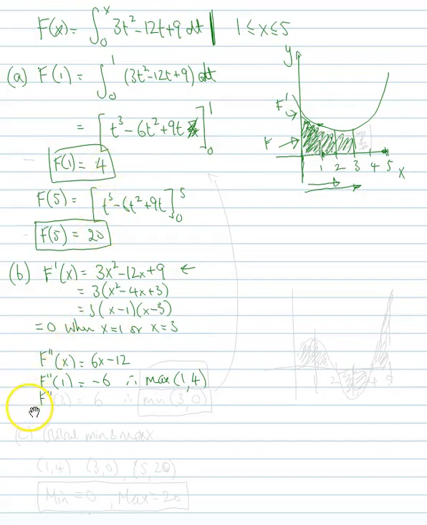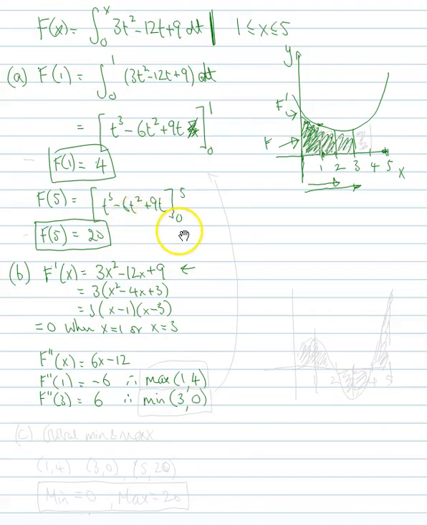Okay, what about at 3? That gives you 3, 6, 18, take 12 is +6. Therefore, this one is a minimum at 3. And when you plug the value of 3 in there, we get 0.